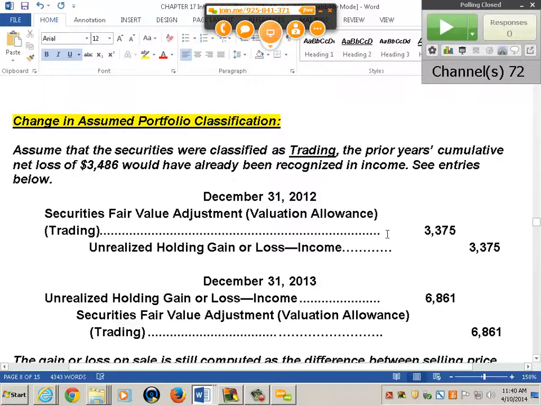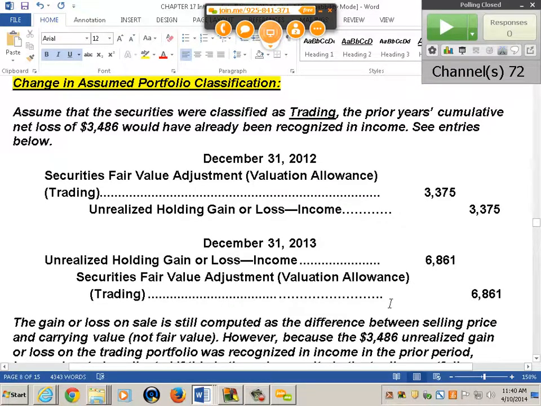So basically, the first 2 years adjustments would debit the allowance account in the first year, and obviously we've got the same security.